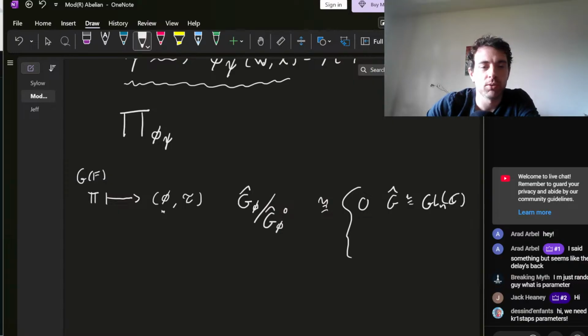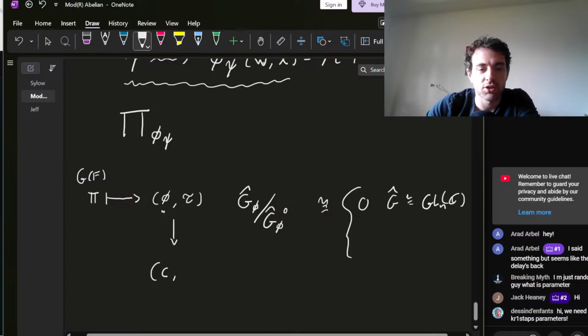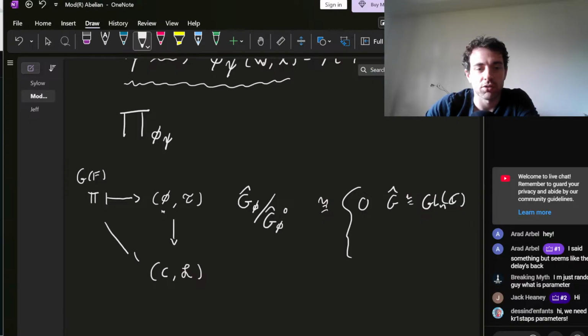But also, one thing we talked about is these parameters give rise to orbits in these Vogan varieties I talked about before, and the representations give rise to local systems on those orbits. So that's another way that one could phrase it, as a bijection between these things.